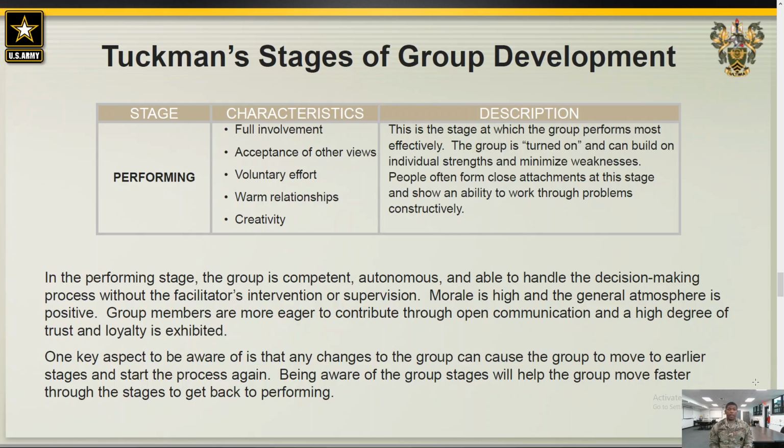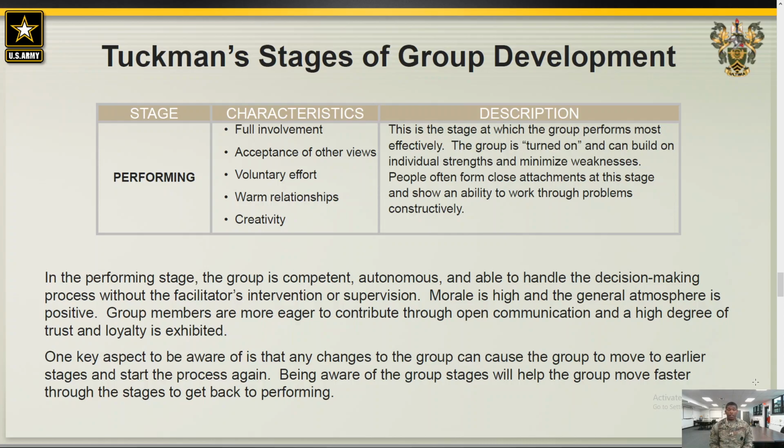The next stage we'll talk about is the performing stage. I really like the performing stage. This includes full involvement. They say the group is turned on or fired up because now you're to the point where you're completing missions at an all-time high, and you're completing the task to standard or above standard.